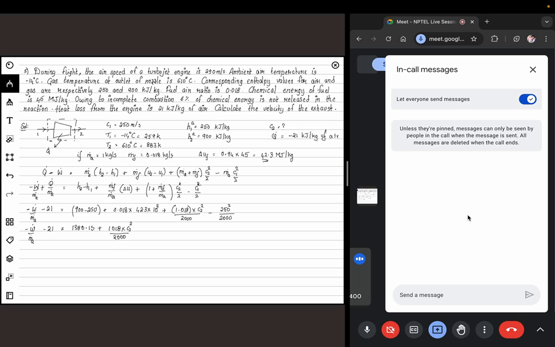So I think I missed a certain portion in the problem. We need to calculate the work from here. How do I calculate the work in this case?